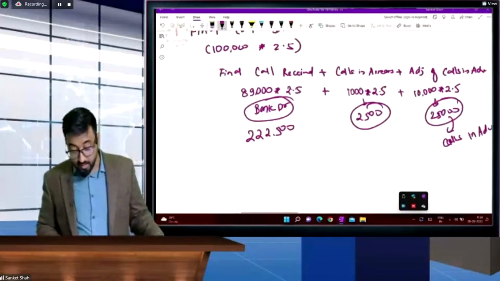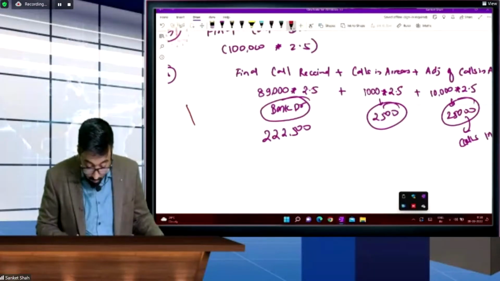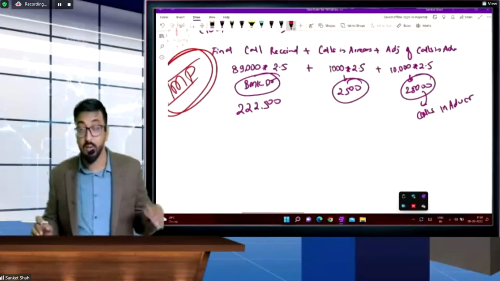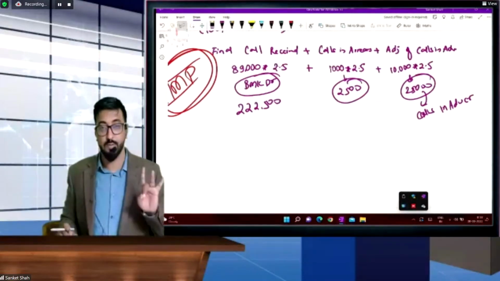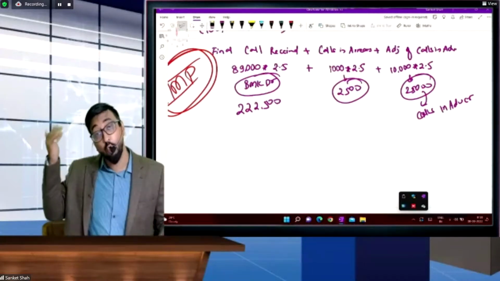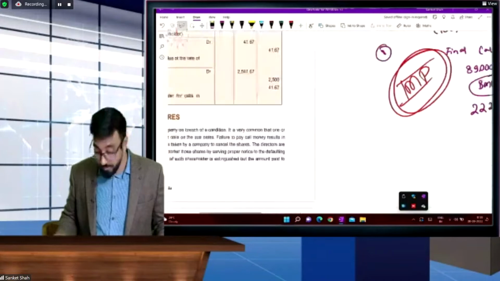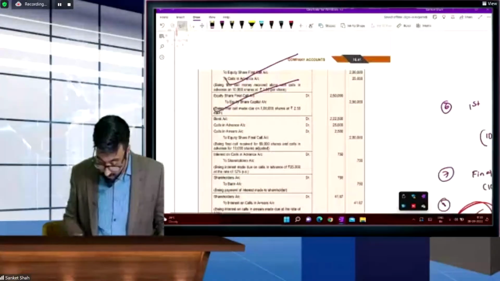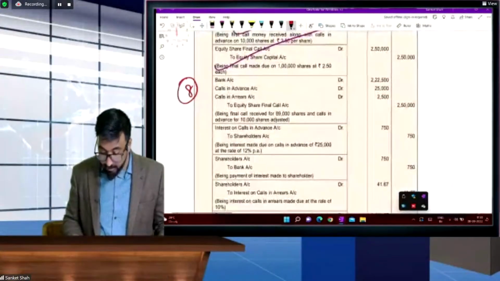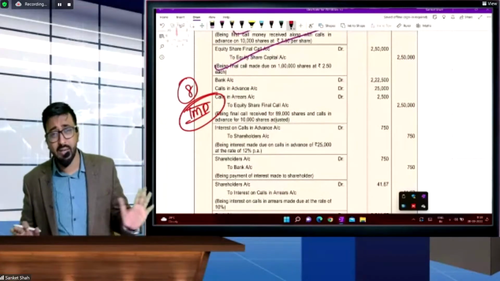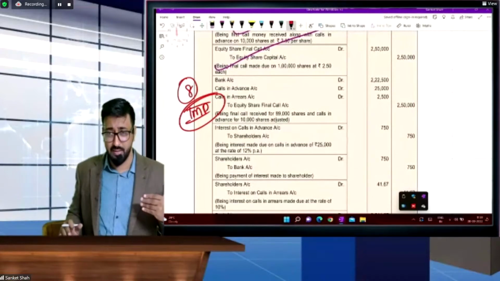See beta, 8 number entry is the most important entry. Final call received on 89,000 shares, only 89,000, because 10,000 already paid. 1,000 has not paid. So 2,22,500, 8th entry is the most important entry. IMP entry, mark it as IMP entry. All remaining entries are not important because they are similar.